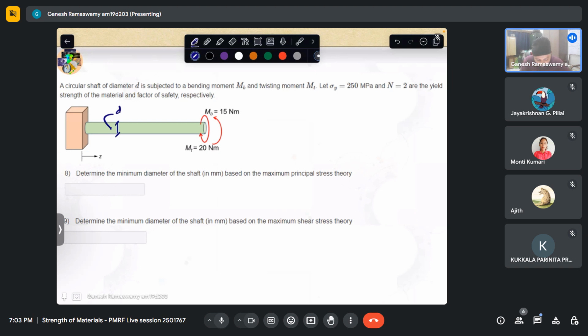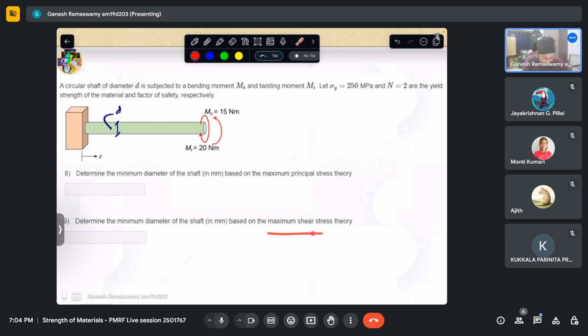So we have a moment like that at the end, which is bending the shaft, and a twisting moment of MT. Let sigma y, the yield stress of the material, be 250 MPa, and N equal to 2, where N is defined as the factor of safety. Given these constraints, determine the minimum diameter of the shaft based on maximum principal stress theory. Determine the minimum diameter of the shaft based on maximum shear stress theory.